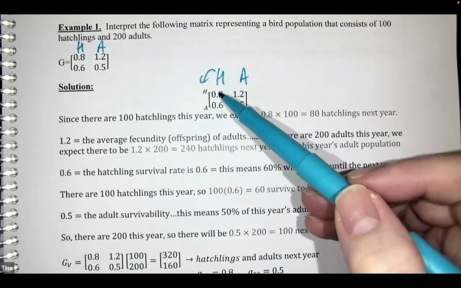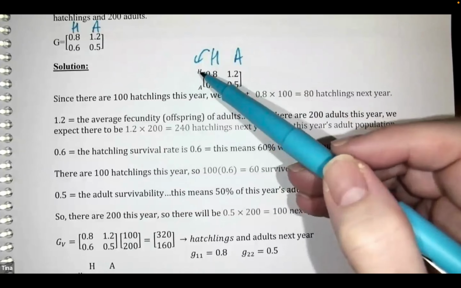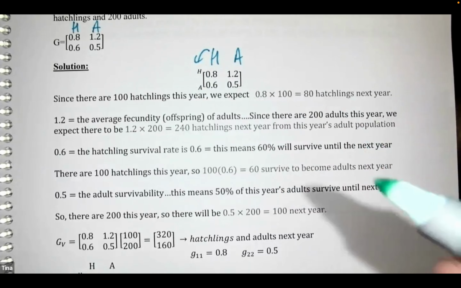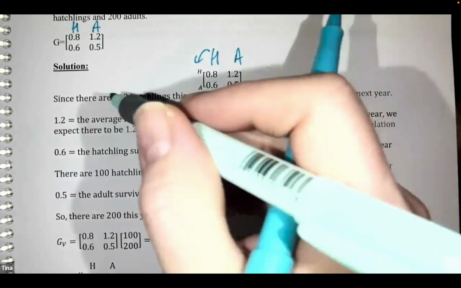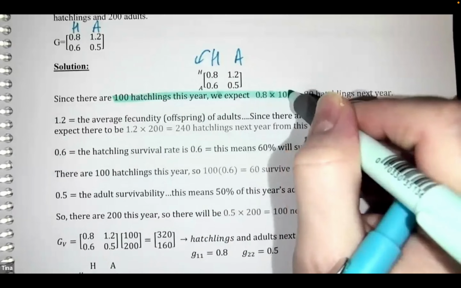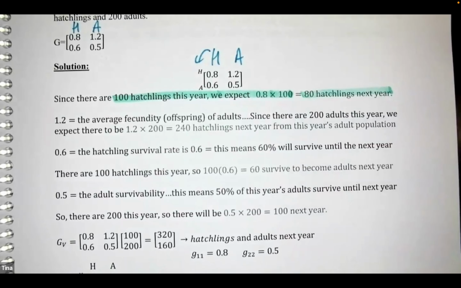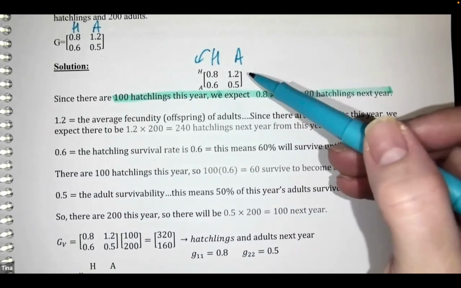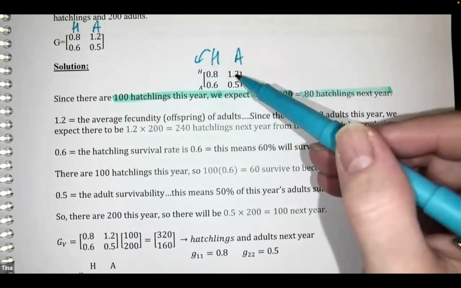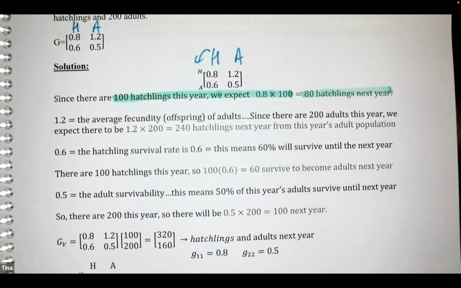So the first number here, the 0.8, when I say hatchlings to hatchlings, that means if there's 100 hatchlings this year, we expect 0.8 times 100, or 80 hatchlings next year. If we look at the 1.2, what does that mean? Adults to hatchlings, 1.2.